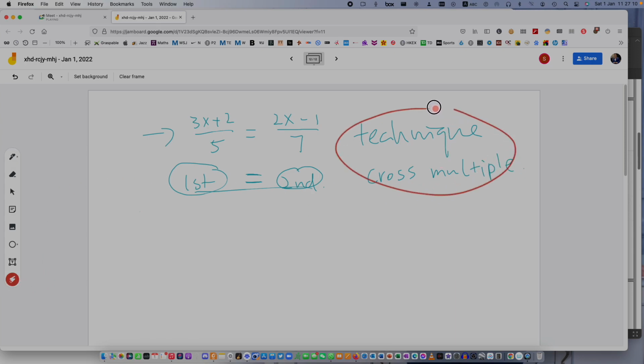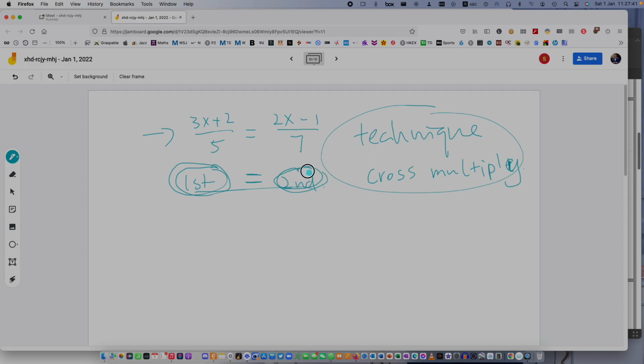When can you use this technique? When can you use cross multiply? When there is an equal sign separating the first and the second fraction.